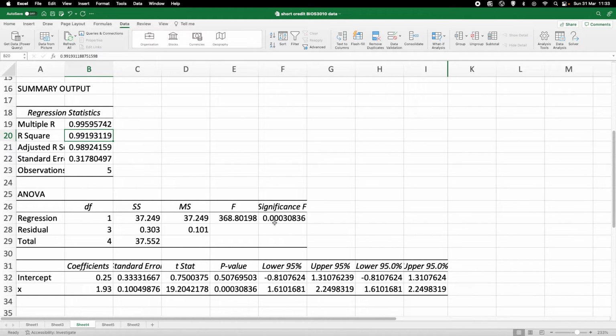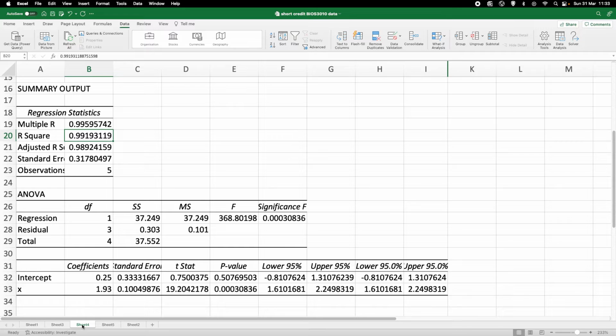And we see that the p-value is 0.0003, and this p-value is, as I said, the p-value for the gradient. And we see that this is certainly smaller than the significance level alpha of 5%, of 0.05, which therefore means that we can reject our null hypothesis.